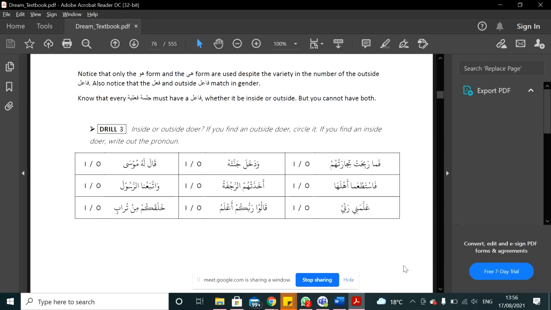I don't know the meaning of rabiha, but when we use that, we do not say hiya, she rabihat or it rabihat. When we say their trade, rabiha. Let me find the meaning of rabiha. Rabiha means interest, profit.